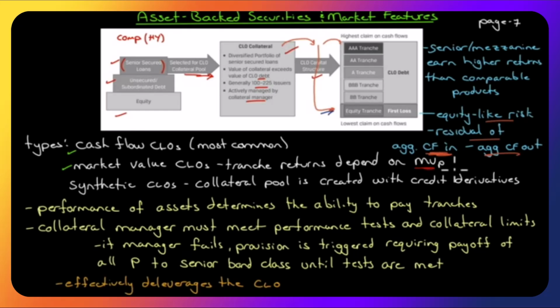That doesn't matter, as long as they continue to hold that loan to maturity and there's a good belief that loan will pay all its interest and principal. It does not matter for the measurement of the collateral. But for a market value CLO, the market value does matter for the over-collateralization test. We'll see that on the next screen.